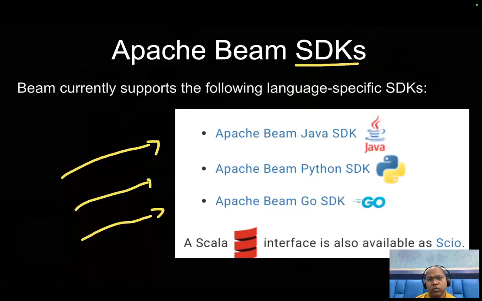So Apache Beam supports Java, and the data scientist community prefers Python for data processing.